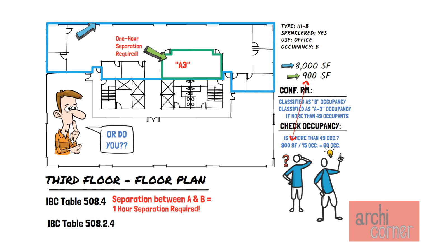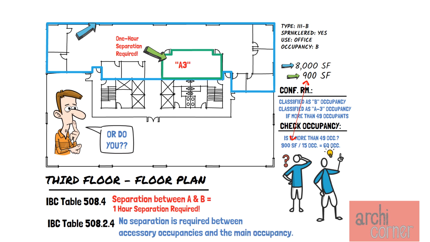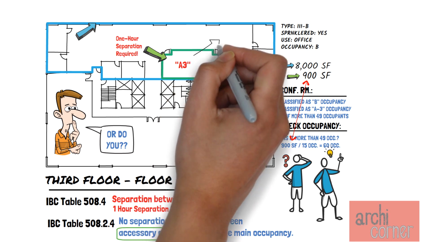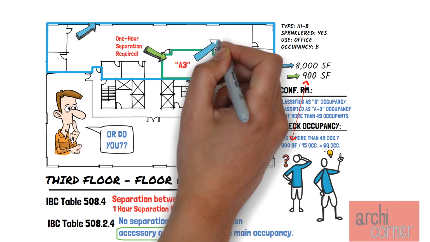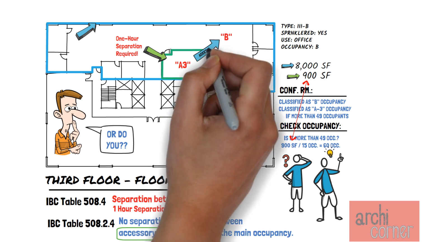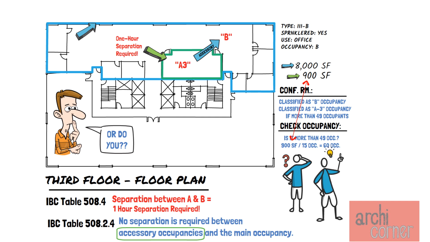Section 508.2.4, titled Separation of Occupancies, states, no separation is required between accessory occupancies and the main occupancy. So our task here then is to find out if our conference room is accessory to the office. In other words, if your A3 is accessory to your B occupancy. If so, then you won't have to provide a separation, and that is what we want.